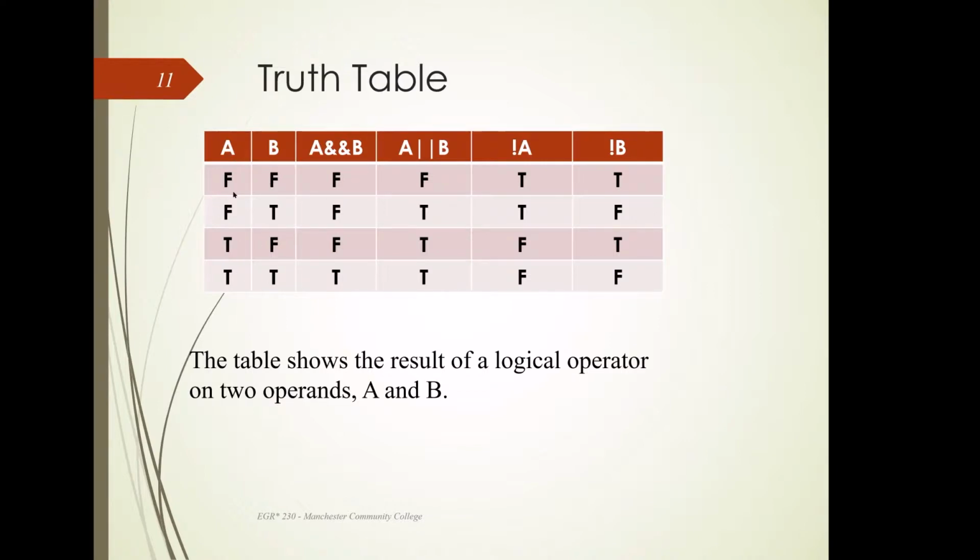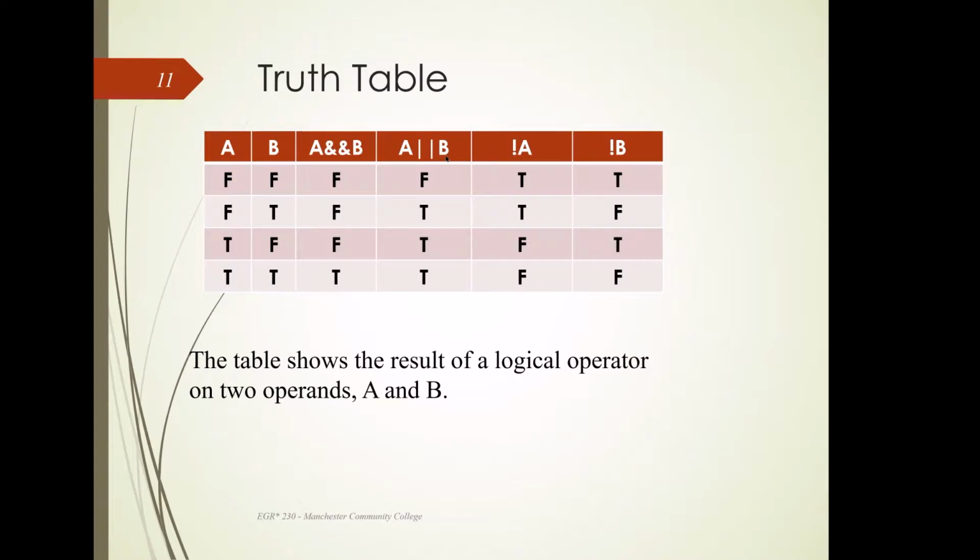These are all the possibilities, because each relation is either true or false. If this is an AND, and A or B is false, this is going to give you a false, because for this to be true, I need A to be true and B to be true. That's the last one here.